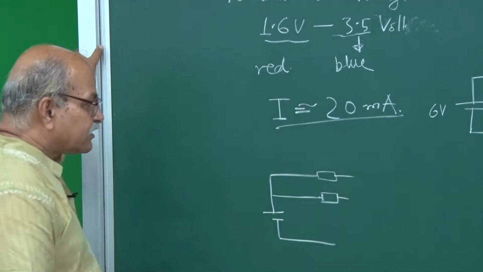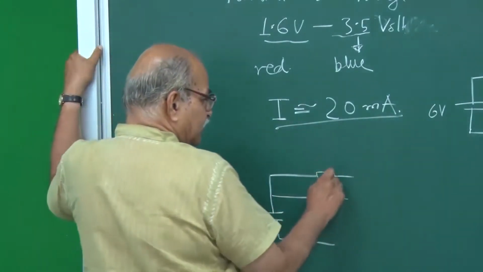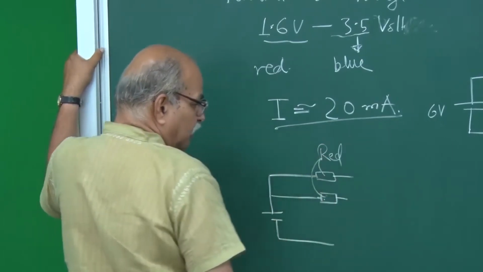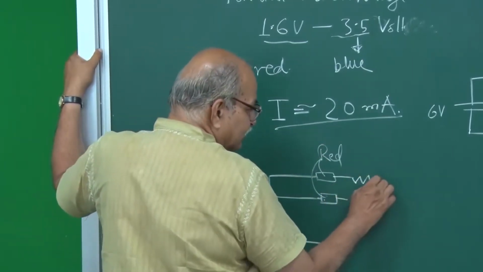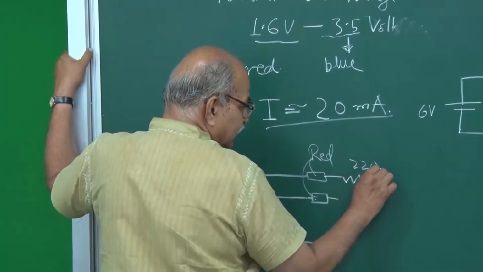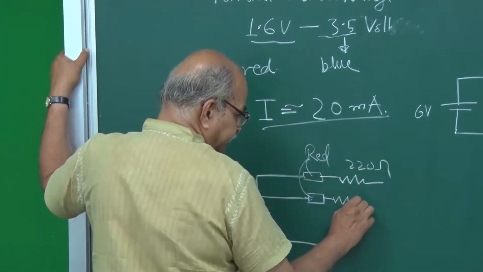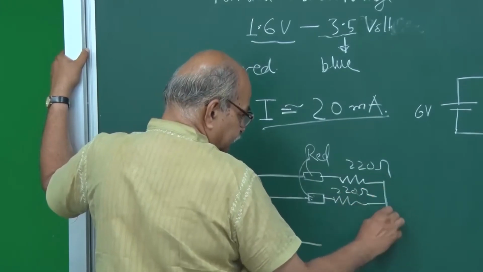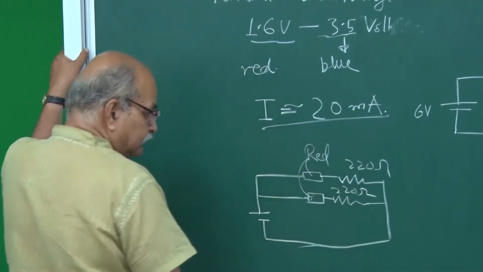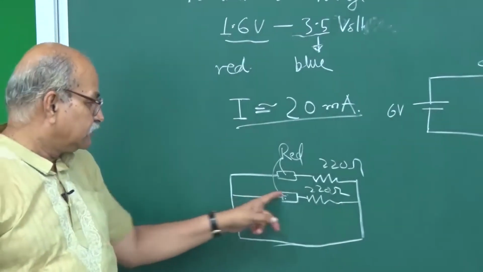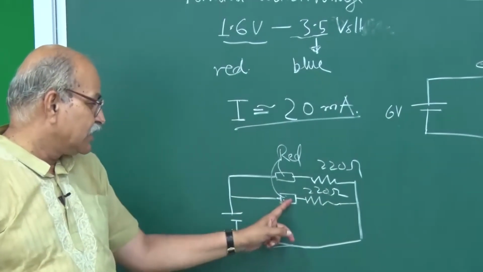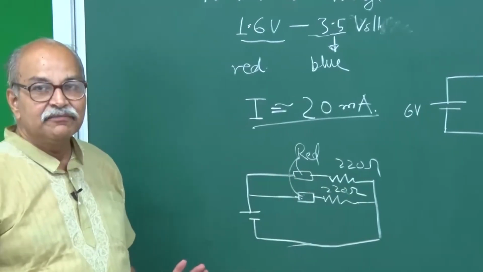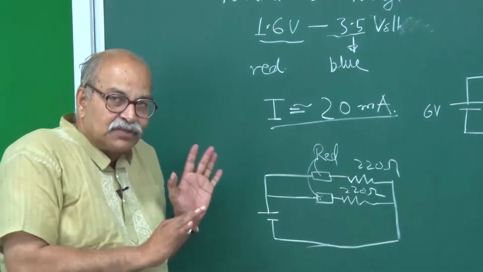Both of them are red. To protect them separately you will need that 220 ohm here and 220 ohm here, so that this circuit ensures that 20 milliampere goes here, and this circuit ensures that 20 milliampere goes here. So, these things one should take care of.